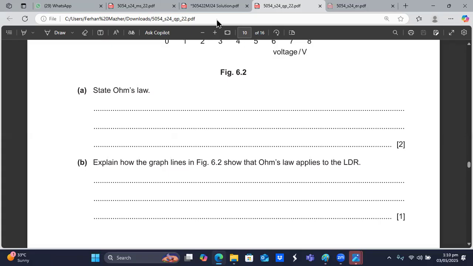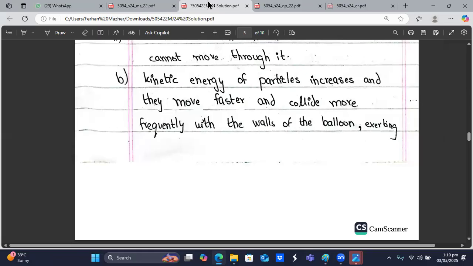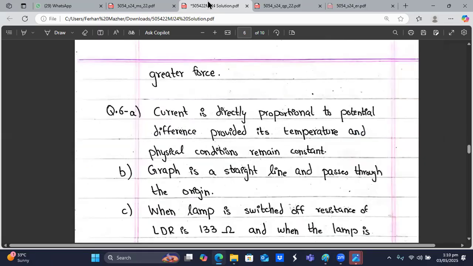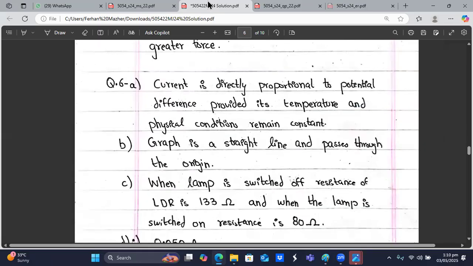Okay, so let's see what Ima has written, how she stated Ohm's law. Current is directly proportional to the potential difference provided its temperature and physical conditions remain constant. You see, this is not a very complete definition. You should say that the current flowing through a resistor is directly proportional to the potential difference across the resistor provided its temperature and the physical conditions of that resistor do not change.